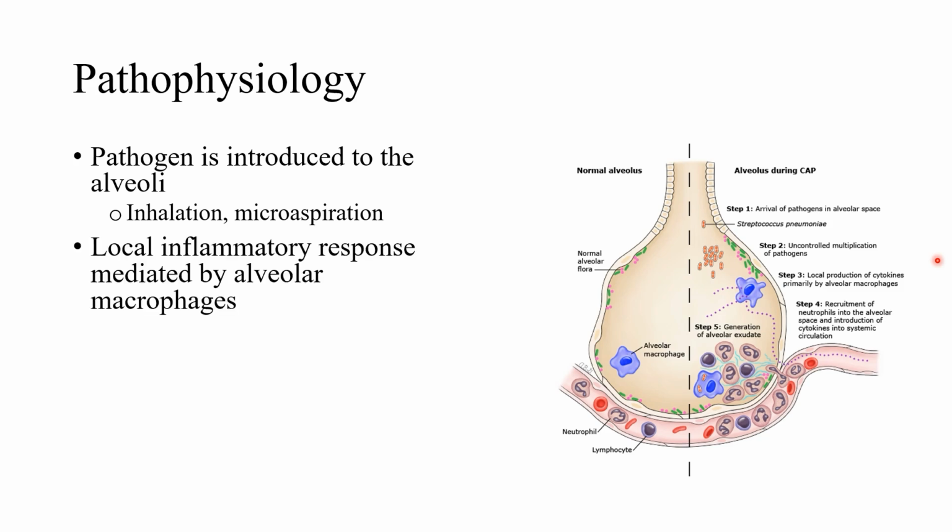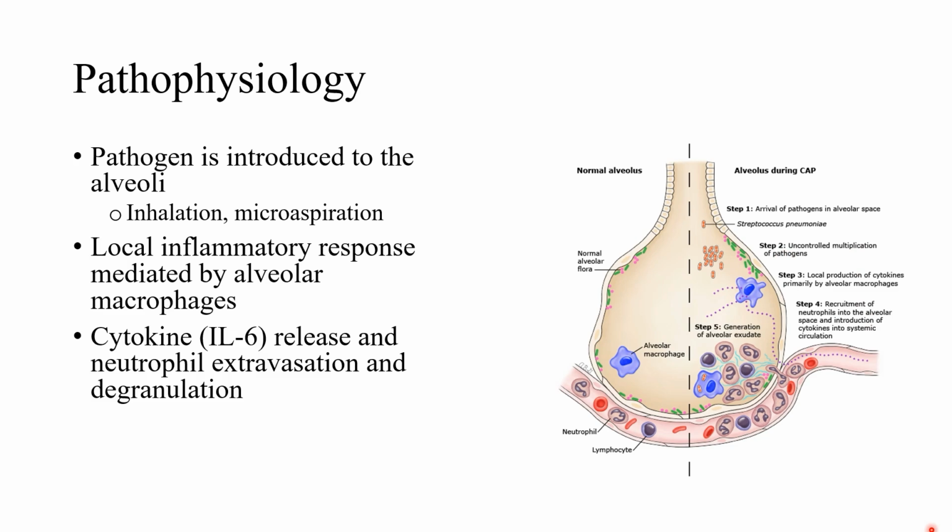And so once you have that, you get this local inflammatory response. You have macrophages in the alveoli, and so those kind of react with this. So we see here the pathogen comes down into the alveolar space. It replicates and multiplies bacteria, and then you start to get that macrophage activation. And after that, it's kind of a circular type self-fulfilling prophecy.